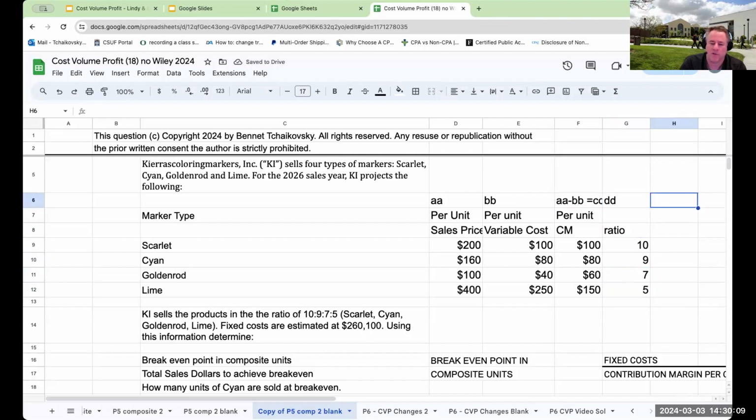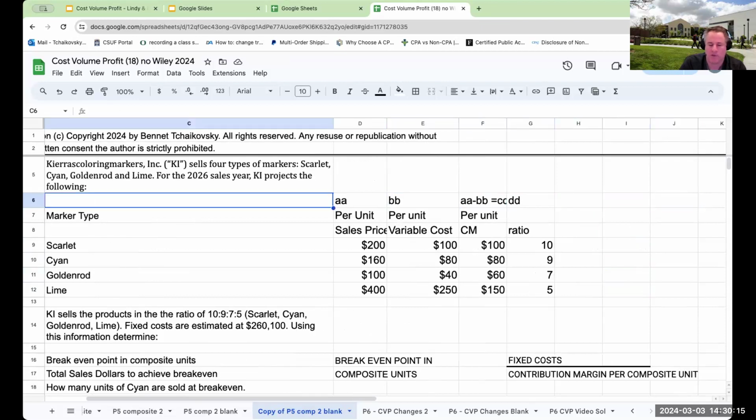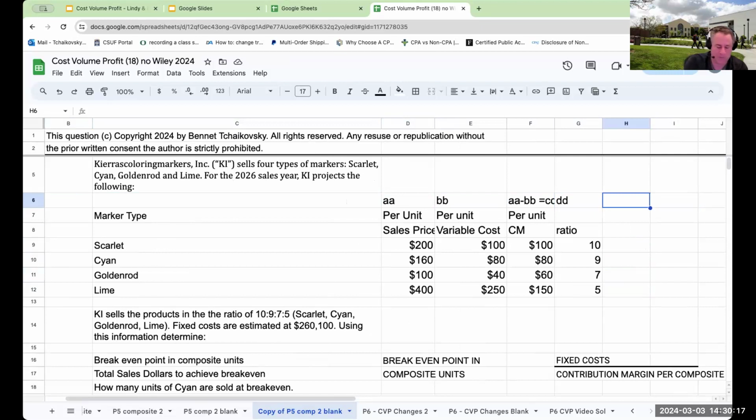To come up with my contribution margin per composite unit, I take the per unit contribution margin of each of these and multiply it by the ratio.